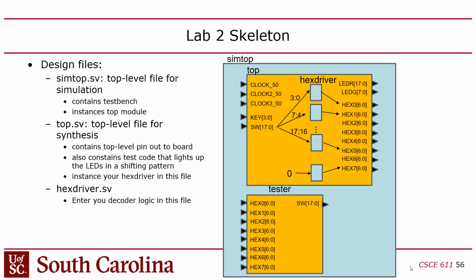So it gives you kind of a starting point, right? When you build your design, you could put your design in addition to that stuff in top, right? Or if you want, you can delete that test code too. I don't care. Okay, you guys with me? Okay, so that's the skeleton.